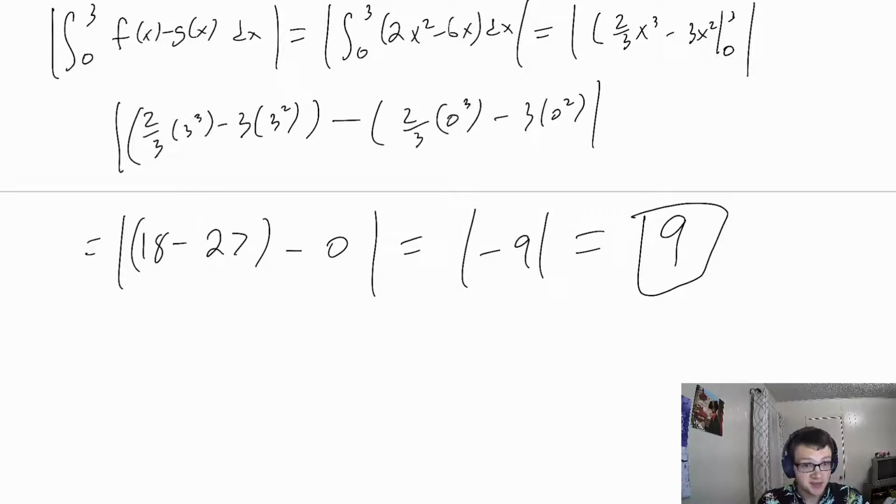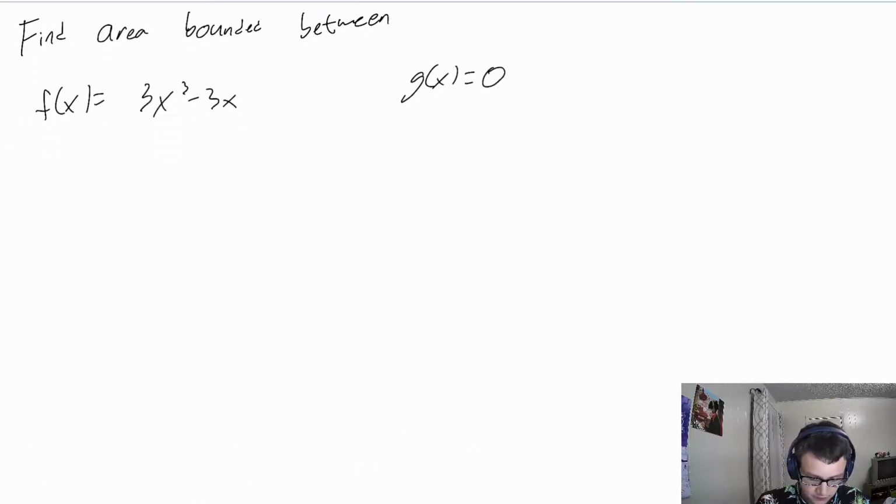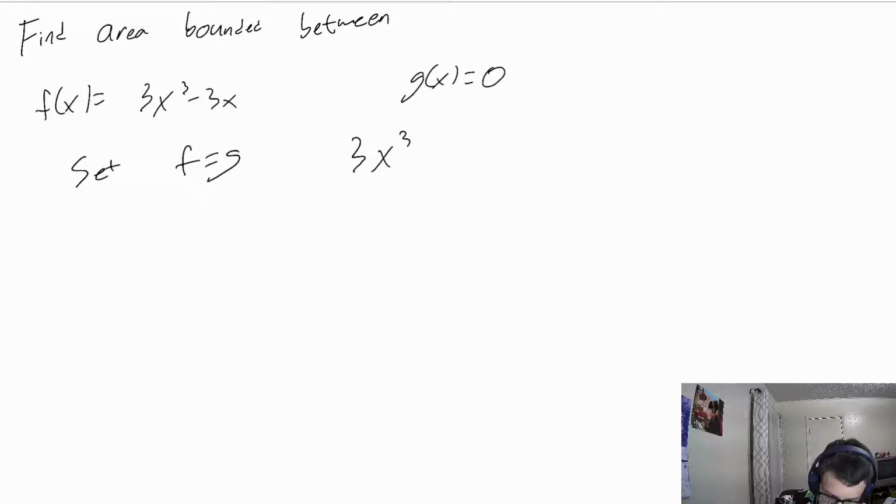So with any luck, that made some sense. If it didn't, we're going to see another example right now, and hopefully that'll make more sense. We want to find the area bounded between f of x equals 3x cubed minus 3x and g of x equals 0. So step 1, of course, is we're going to set f equal to g. So 3x cubed minus 3x equals 0.